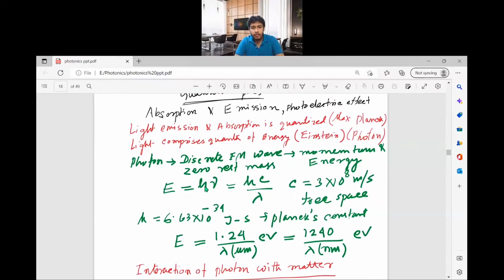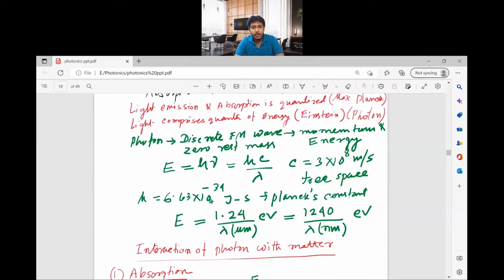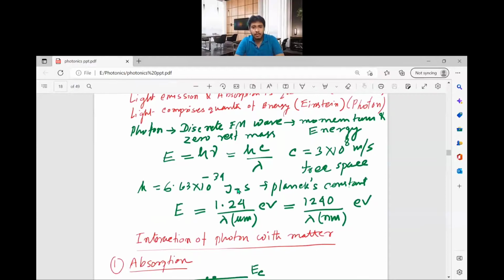So a photon has energy E equal to h nu, where h is the Planck constant and nu is the frequency of the light. You can also write it as hc by lambda, where c is the velocity of light, in free space about 3 times 10 to the power 8 meters per second. And h is the Planck constant. If you convert everything to electron volts, you get the most important relation: E equals 1.24 by lambda, where lambda is in micrometers and energy is in electron volts.